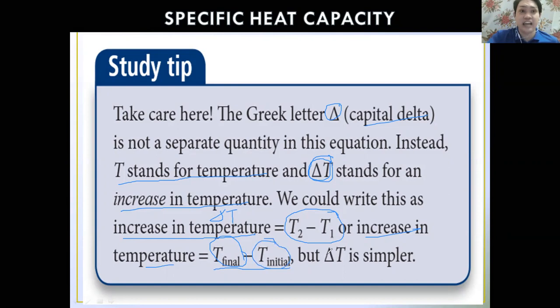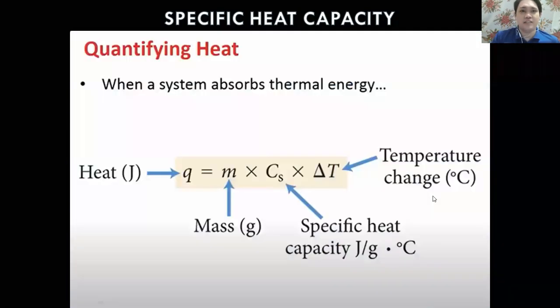And that is how you get your delta T. I hope you can follow, and please do not forget it. So now, in solving specific heat capacity, or in quantifying your heat when a system absorbs thermal energy, the formula that we use is this.